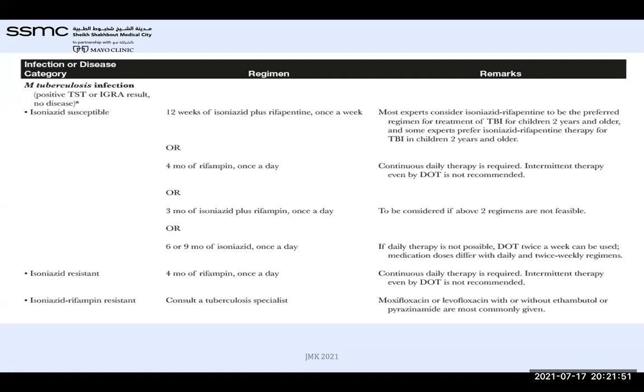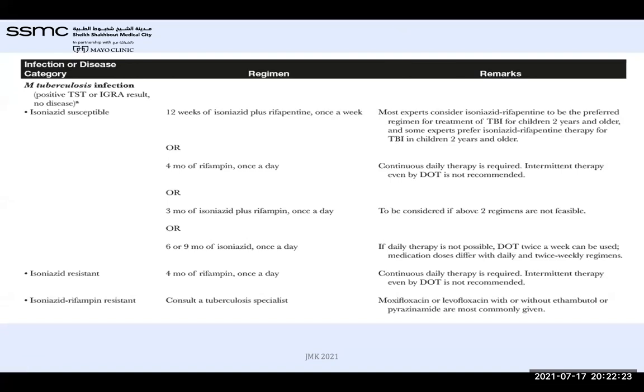Then there are many drugs, and you will be amazed how many drugs can be used: linezolid, moxifloxacin, levofloxacin, streptomycin, and so on and so forth, ethionamide. So these are the other drugs which you can use, but please involve your infectious disease people and get their advice, and use whatever is available wherever you are working.